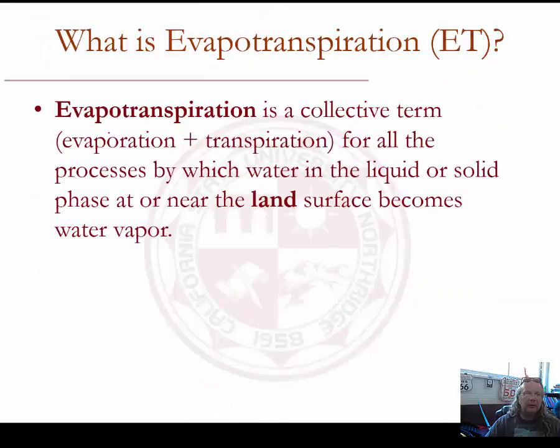So here's evapotranspiration, again explained. That is a compound word, evaporation plus transpiration, and this is all of the water that is captured by the atmosphere from land surfaces as opposed to that which is just plain evaporation over ocean surfaces.